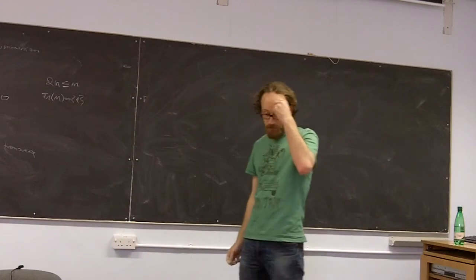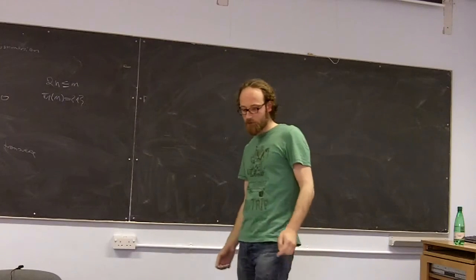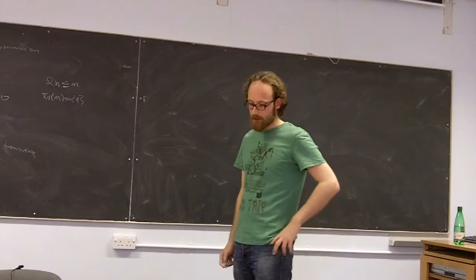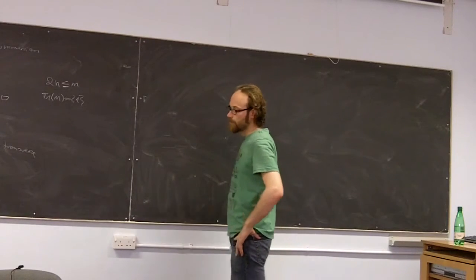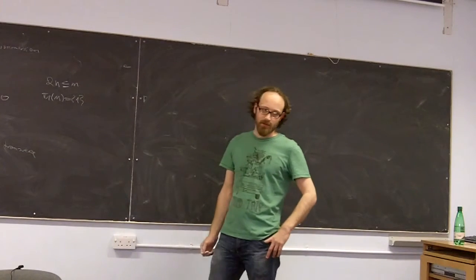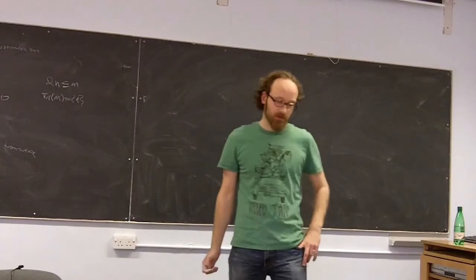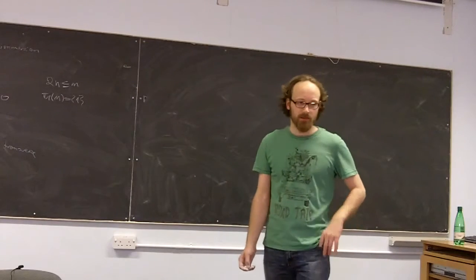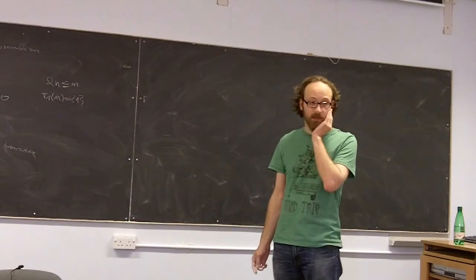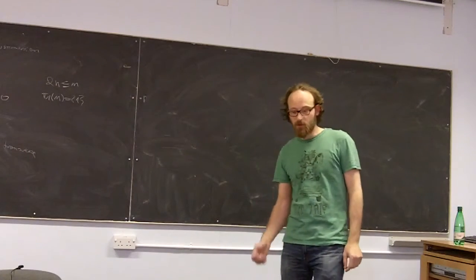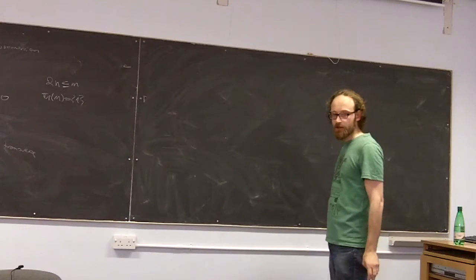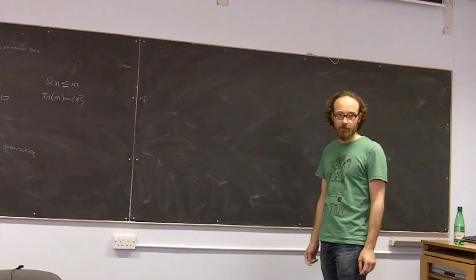So in the next part of the talk, I'm going to talk about algebraic and geometric intersections. In the simply connected case, it's an intersection number. In the non-simply connected case, it is an element of the group ring of pi 1 of the manifold.